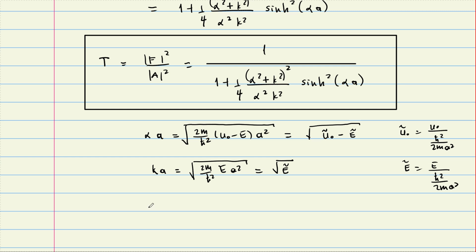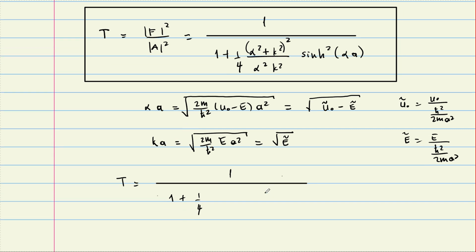Then this expression, okay, so t becomes 1 over 1 plus 1 over 4. Let me write this: u tilde minus e tilde plus k squared.